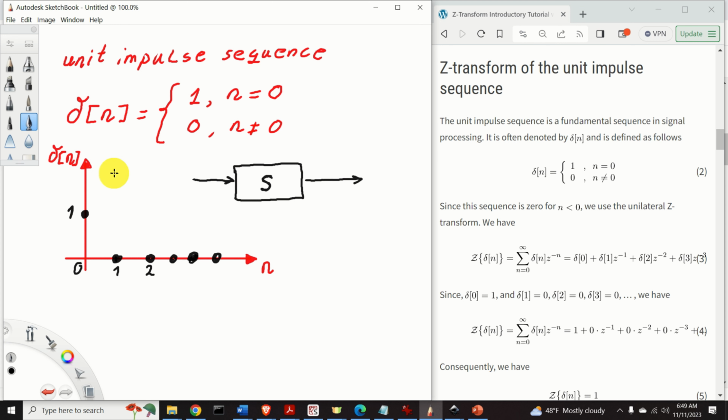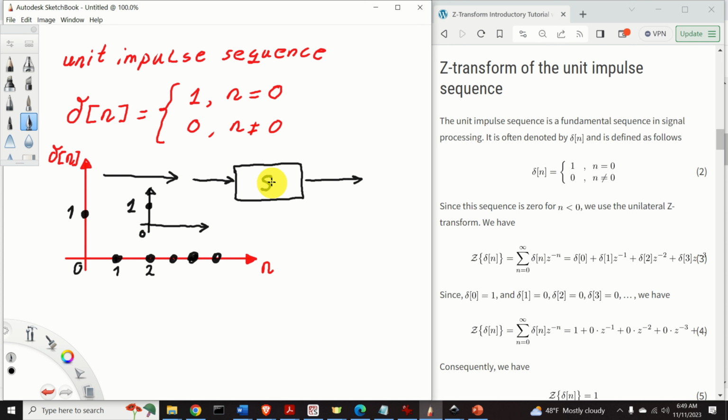As an input to this system, we will plug in a delta of n. That is, we will put this sequence. When time is equal to 0, we will send a unit impulse. It can be 1 or scaled version of 1.